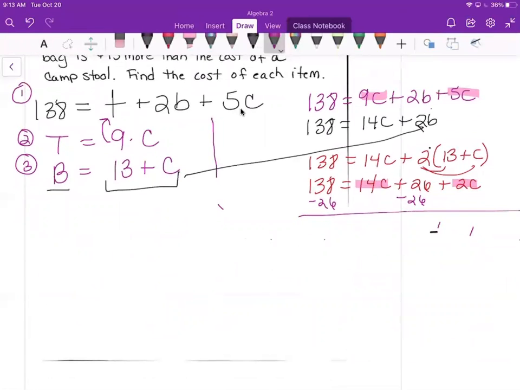All right, 138 minus 26 is going to give us 112. And if we add the c's together, we're going to get 16c. If we divide both sides by 16, we're going to get 7.